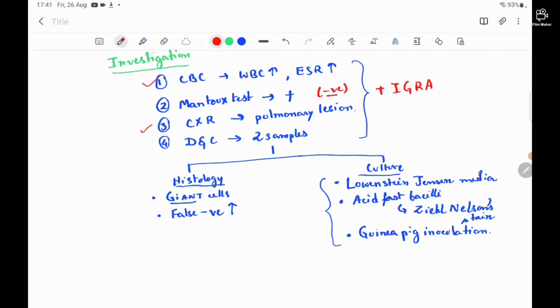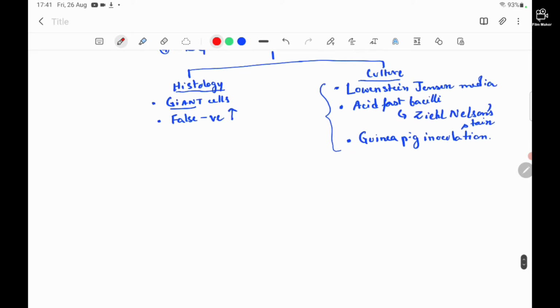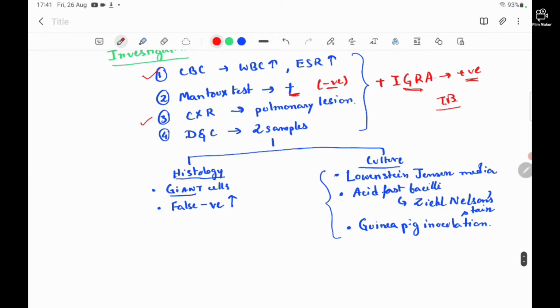So then you should go for IGRA, and if the IGRA gives you a positive result, always remember there is TB. If both of these are positive, you are 200% confirmed that it is TB. And this IGRA, I am not only speaking about genital tuberculosis, but in cases of all tuberculosis. So very important is IGRA.